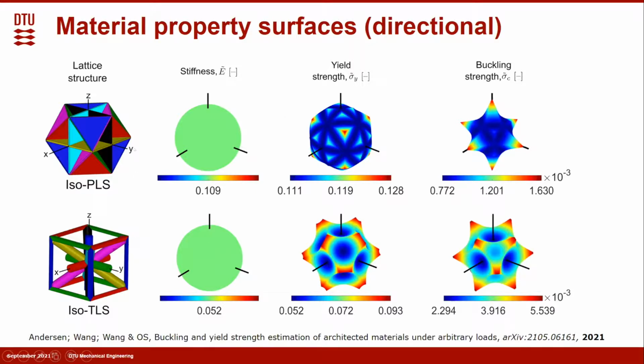Interestingly, compared to the isotropic plate microstructures, this truss microstructure shows higher isotropy in yielding. That's because bars only take axial loadings. And the most important thing is the buckling strength in both cases shows higher isotropy compared to the stiffness.